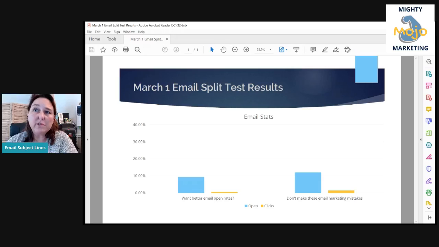And the other reason I'm showing you this is because that wasn't necessarily the result I expected. Based on past split tests to my own list, I had guessed, truly a gut level hypothesis here, that the email subject line that had a question in it that said, want better email open rates question, was going to do better because questions had generally done better to my list in the past.